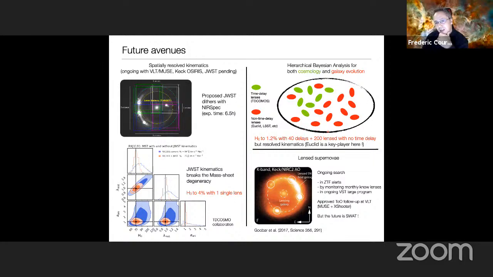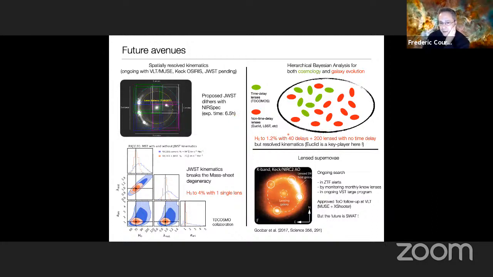The second avenue is to say that lenses live in the same world with or without time delay, so they're drawn from the same parent population. Then we go for a hierarchical Bayesian analysis of the whole sample that contains lenses with measured time delays and lenses that don't have time delays, but for which you can have resolved kinematics with telescopes that are less costly than James Webb, which can be done with the VLT, maybe with the ELT.